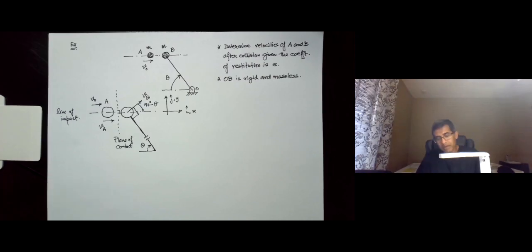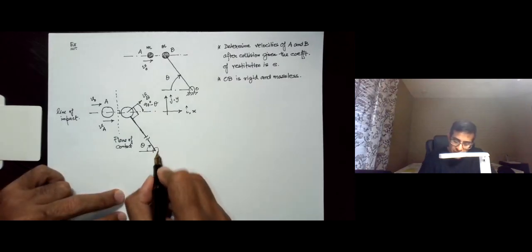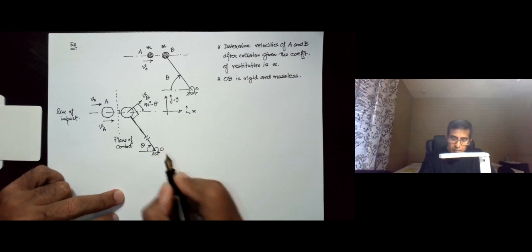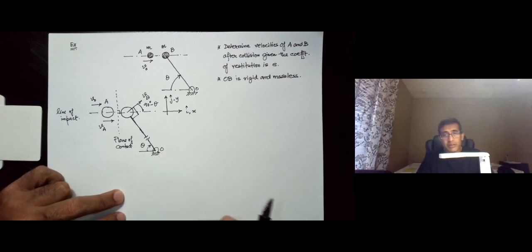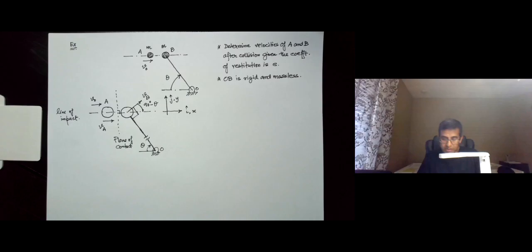Now in problems like this, obviously we try to apply the conservation of linear momentum and the coefficient of restitution equation. In certain cases we can also apply conservation of angular momentum. We know that in problems on collision, conservation of linear momentum can be applied along any direction.